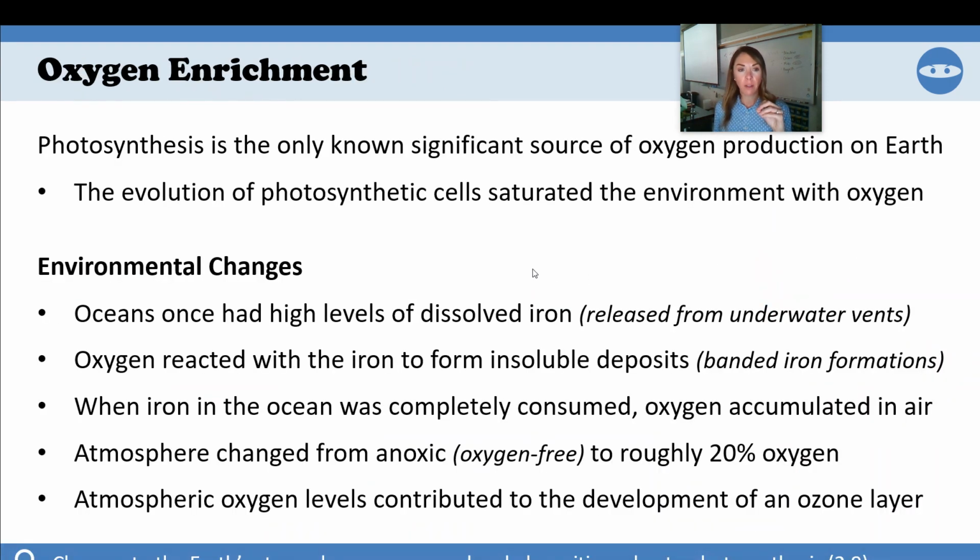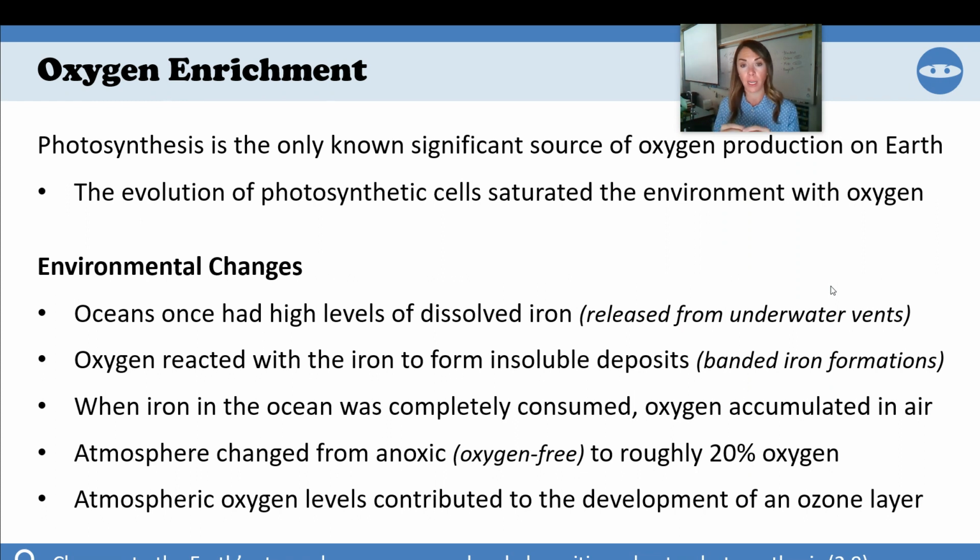Okay. All right. Very last slide here, I promise, is looking at the oxygen-enriched environment, right? So how did oxygen come about and create the new situations for life? Photosynthesis is the process that has changed our atmosphere. Photosynthesis starts to come about in that cyanobacterium, and it's the only significant source of oxygen production on Earth, right?